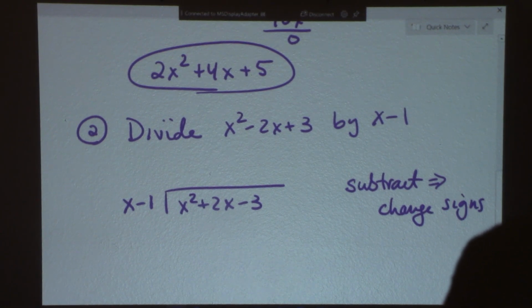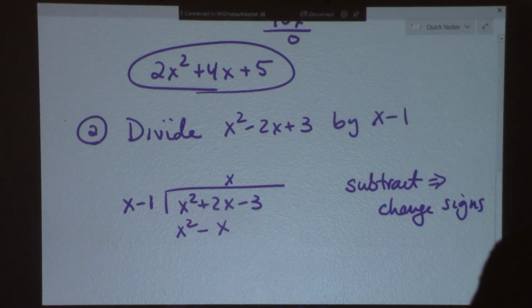Well, I would look at this and say x times what is x squared, so I would try x. So x times x is x squared. And now I do the other term. X times negative 1 is negative x. Do you see that?